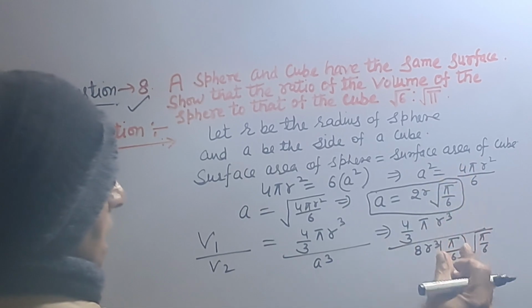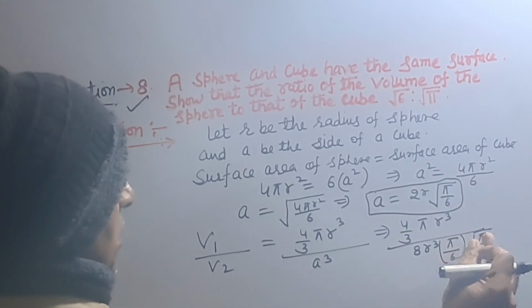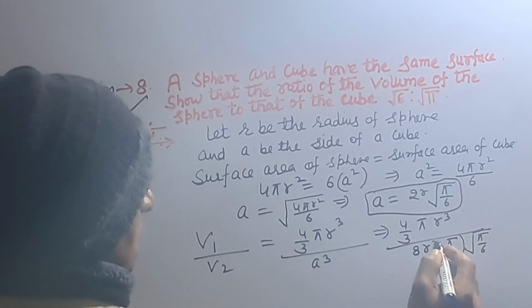Multiply by 3, that is pi upon 6 into root pi upon 6.